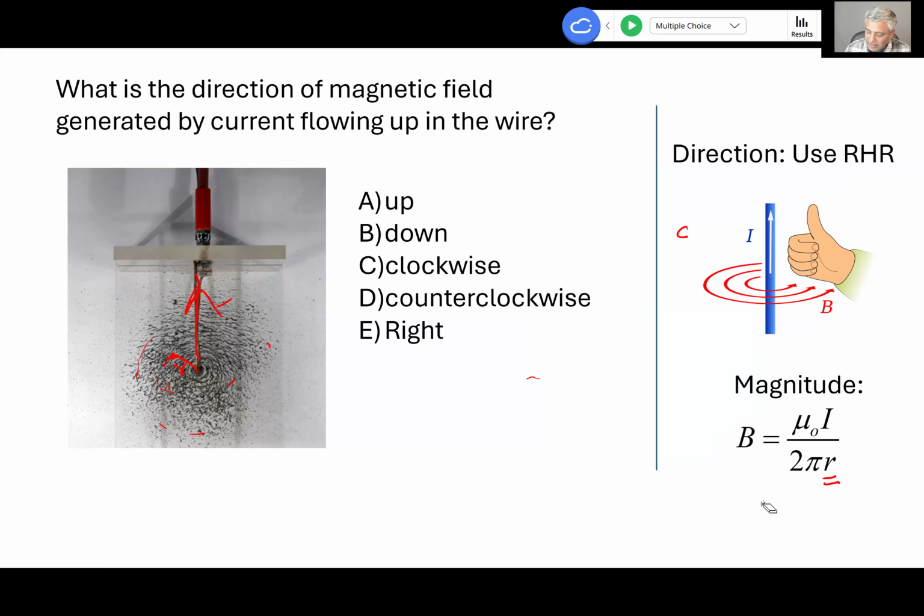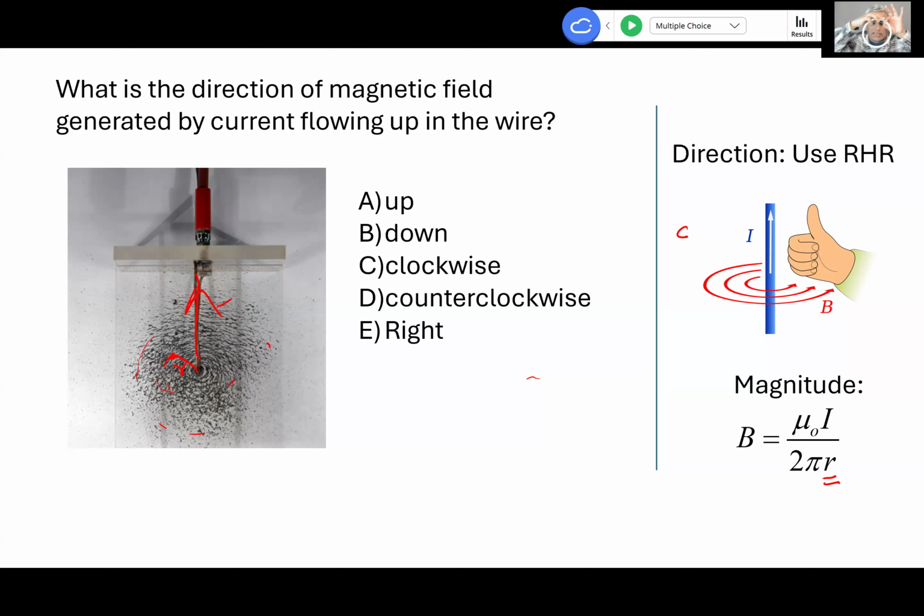So this technique is used for the straight wire, but you can use it for the coil as well. Just like I said before, you can use this technique for the coil as well. If you just look at a small segment of this whole coil, you can think of it as just a wire, kind of a straight wire.